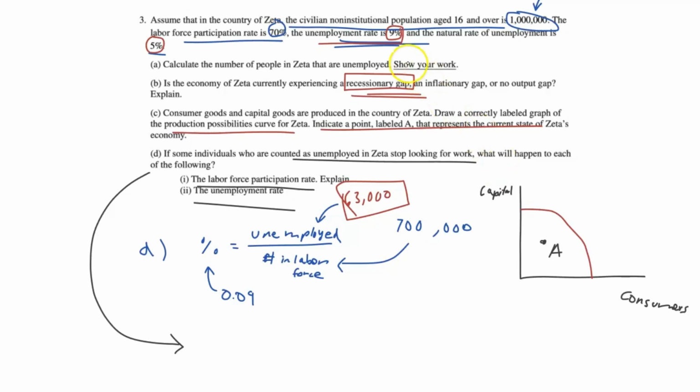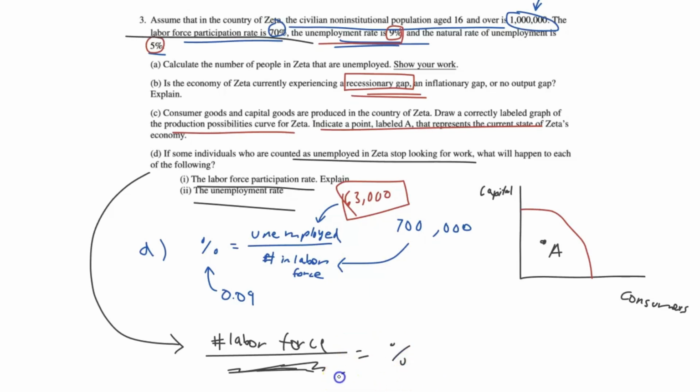And we know the equation for the labor force participation rate is the total number of people in your labor force, so I'm just going to write labor force number, over everyone who can work, right? So everyone who can work also includes discouraged people, okay? And that gives us the labor force participation rate.